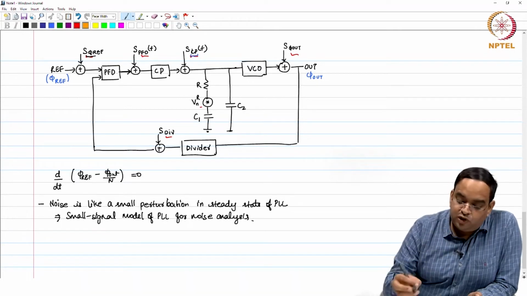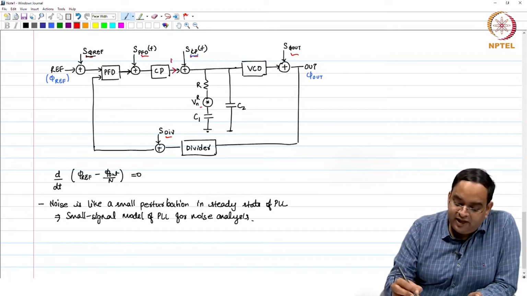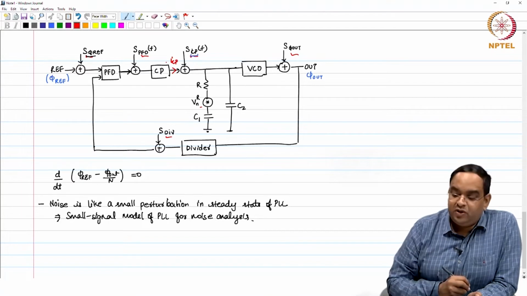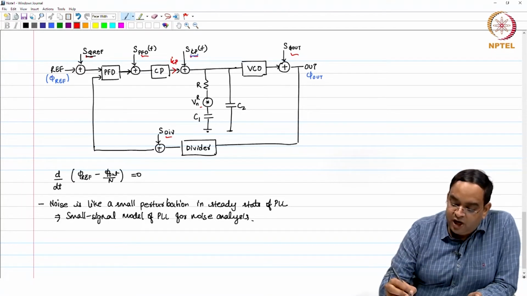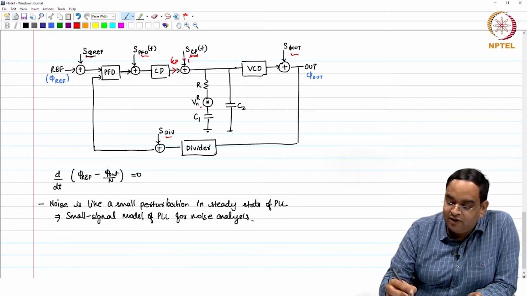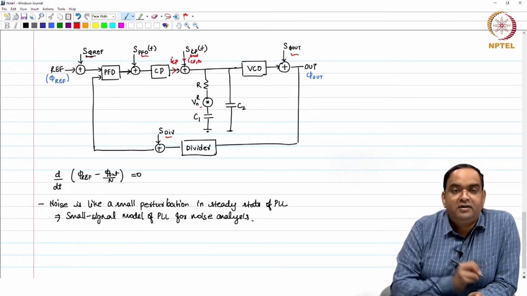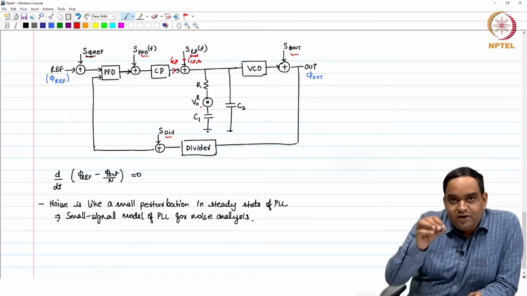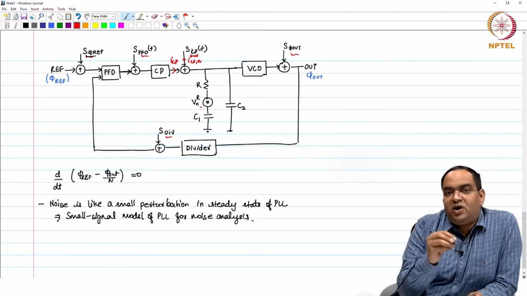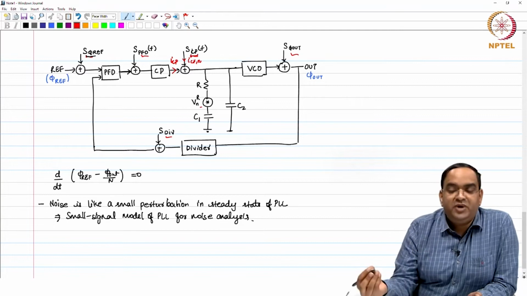For example, the charge pump output is a current, so the charge pump noise is also taken in the form of current only. I will call this I_CPN. So at the output of the charge pump, the noise is added in the current domain.